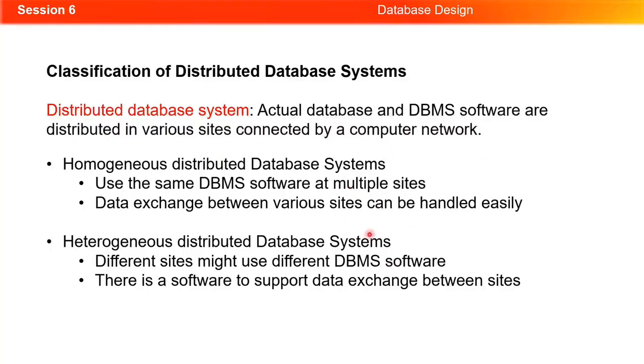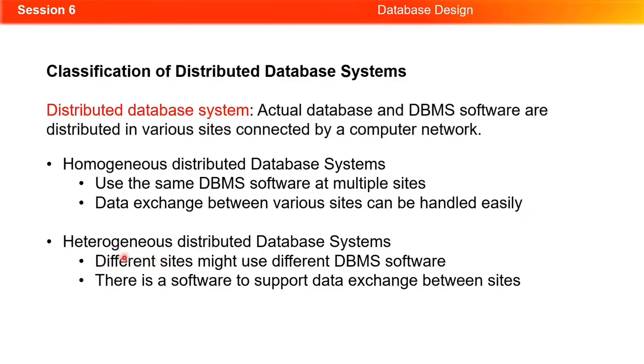They can be broken down into two parts. There are the homogeneous distributed database systems. They use the same DBMS software at the multiple sites, and data exchange between the various sites can be handled easily. So it's almost like the same database but with different components at different sites.